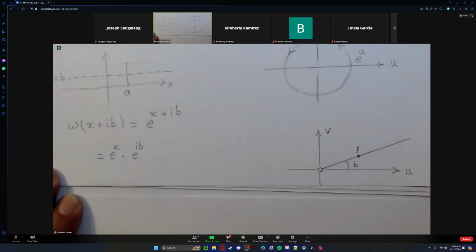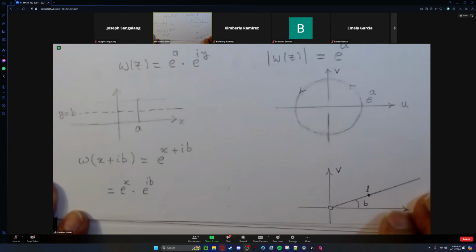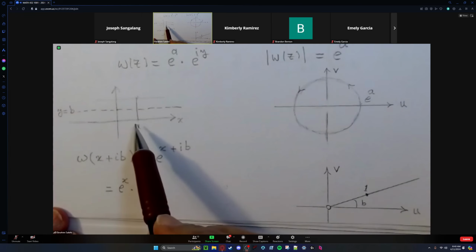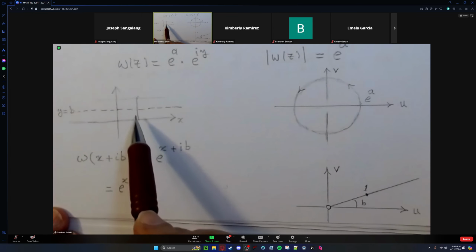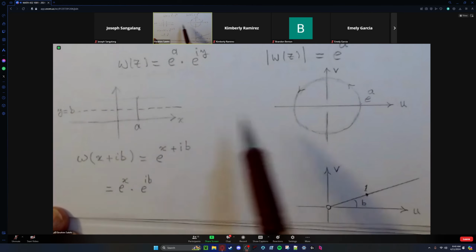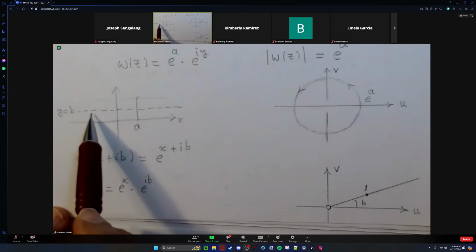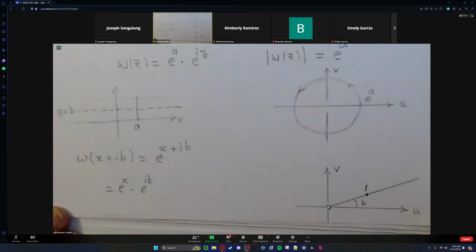So these two are the only things that I'm going to cover about e to the z. Remember, under e to the z, a vertical line goes to a circle, and a horizontal line goes to this ray.